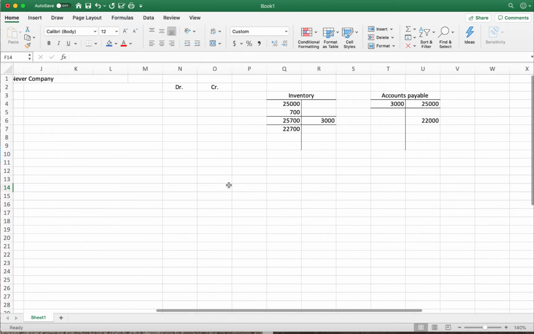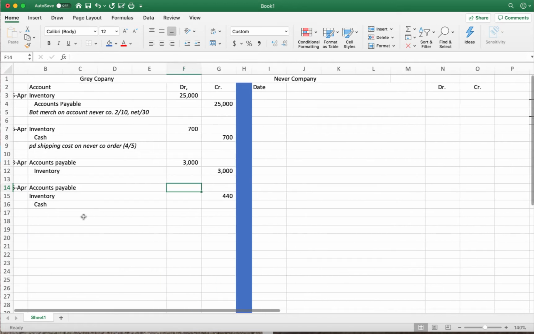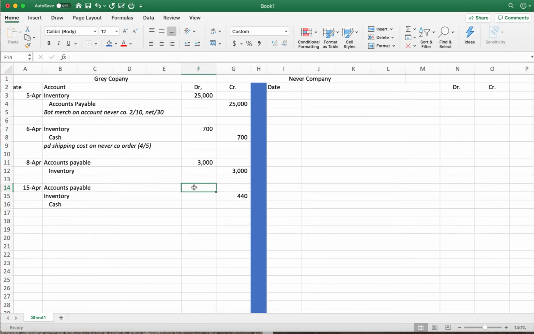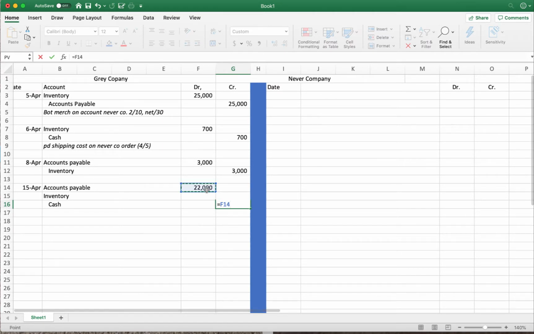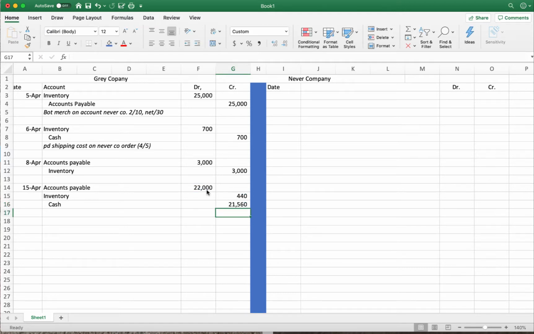What is it on my books? $22,000. I need to decrease it by $22,000. How much cash am I paying? Well, I'm paying $22,000 minus $440. My cash payment is $21,560. And I just want to make sure I indent.